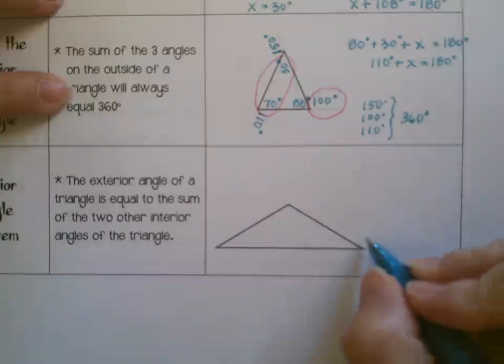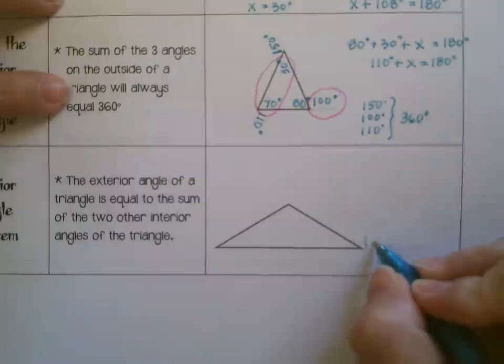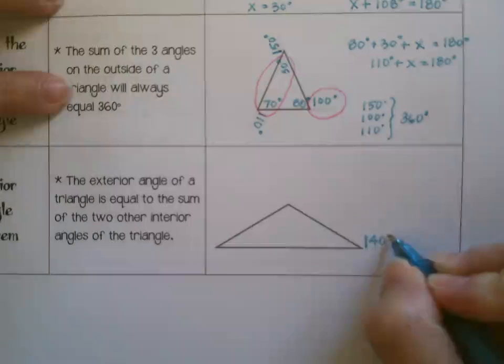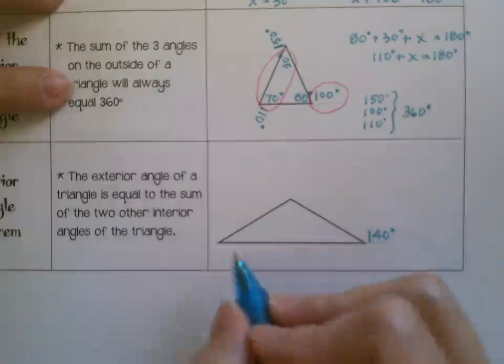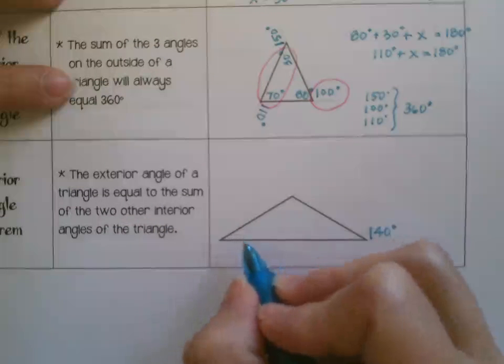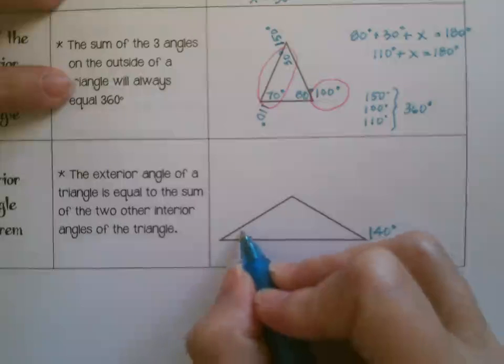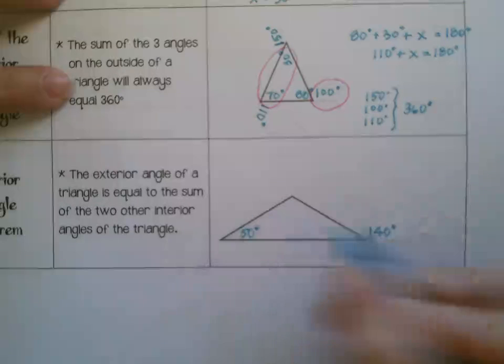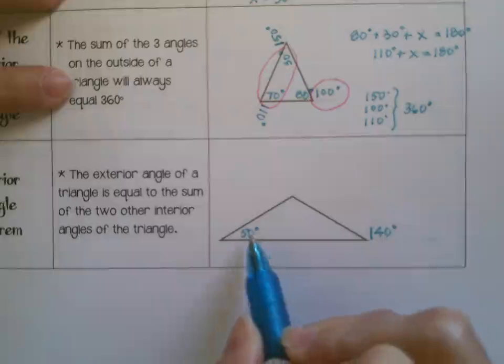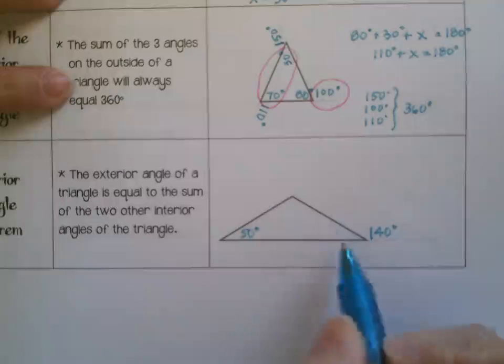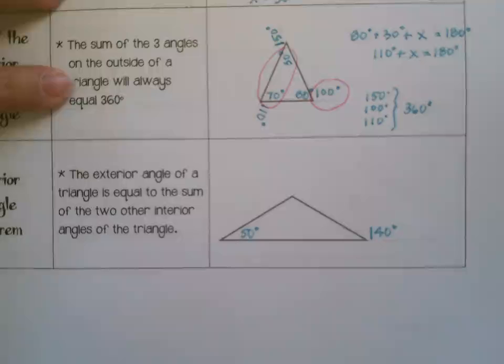So this really cool situation happens that if I know this angle out here, so let's say this one is 140 degrees, and I know that this one is, oh, I don't know, let's say 50 degrees. If this one is 140 and that one's 50, I can figure out these two missing angles, and I can do it a few ways.